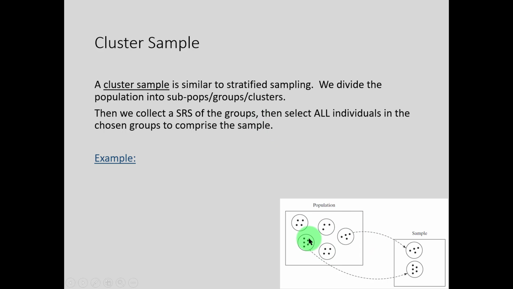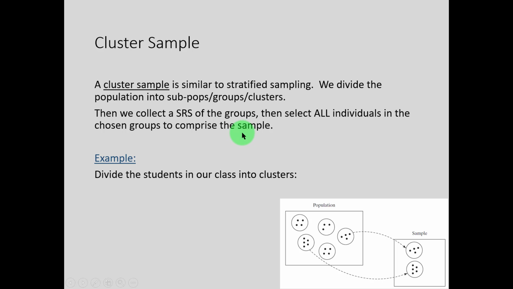It appears that this group was chosen, and everyone in that group comes into the sample. And this group was also randomly chosen, and everyone in that group goes into the sample. So we collect a simple random sample of the groups and then select all the individuals in those chosen groups.